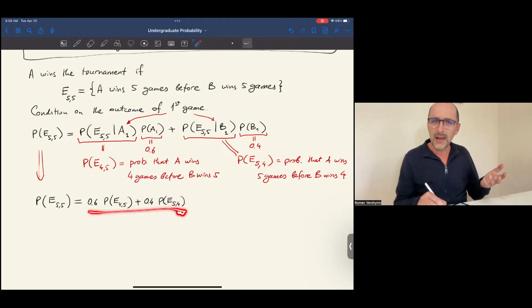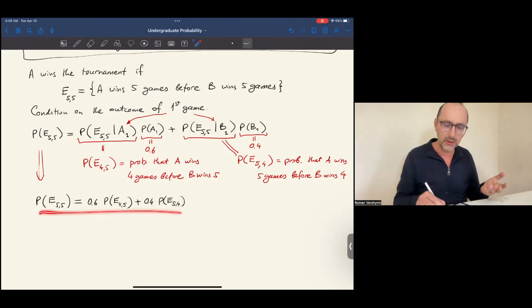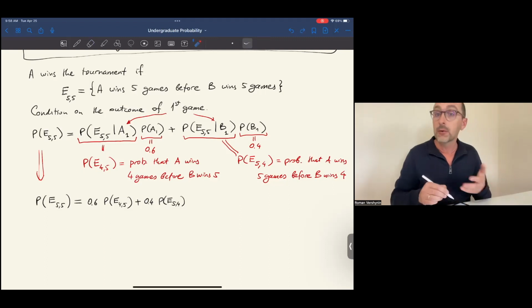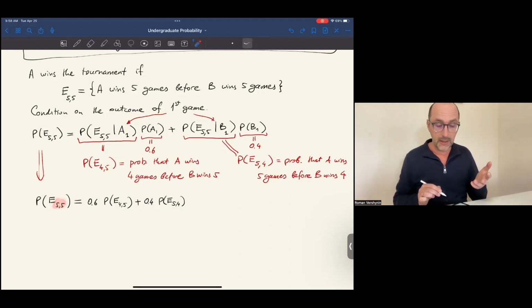We hope to have a specific number here and we get an equality. In fact, we don't have just one equality. For any pair of numbers, instead of 5, 5, we can argue similarly.